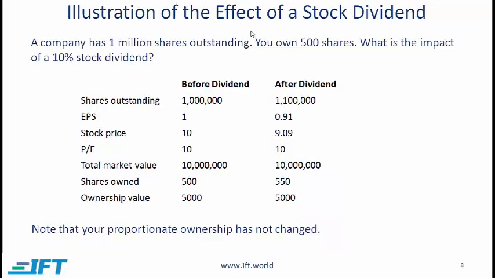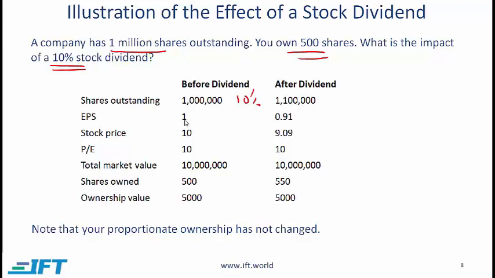Let us look at the effect of a stock dividend now. A company has 1 million shares outstanding, and let's say you own 500 shares. What is the impact of a 10% stock dividend? As we've discussed, with a 10% stock dividend, the number of shares outstanding increases by 10%.